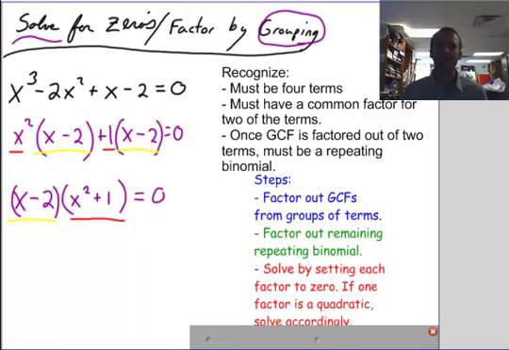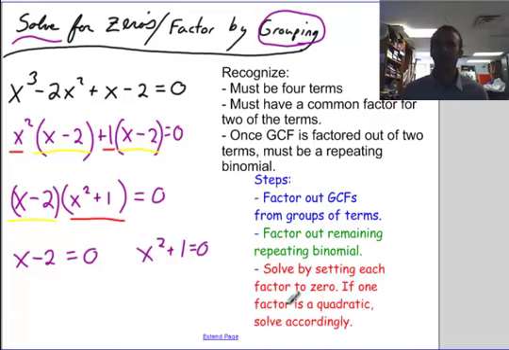Now we just have to set each one of these equal to 0 and solve. Solve by setting each factor to 0. If one factor is a quadratic, solve accordingly. So we have that right here. Let's look at this. This one's easy. All I have to do is add 2 to both sides. Bam, I have one answer.